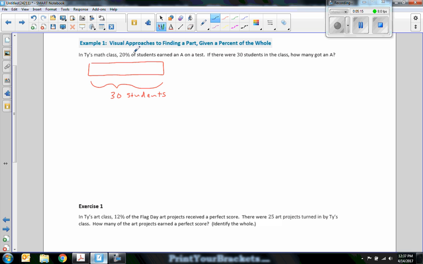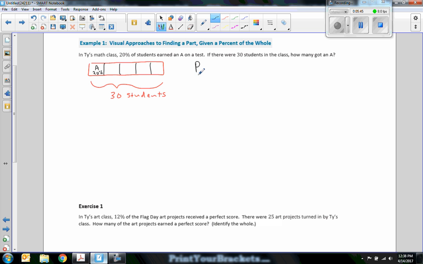And then it says 20% earned an A. So 20%, 40%, 60%, 80%, 100%. So this is 20% right here. Those were my A's. B, C, D, F maybe, but we don't know how this is split up, so I won't say that. And we want to know how many received an A.